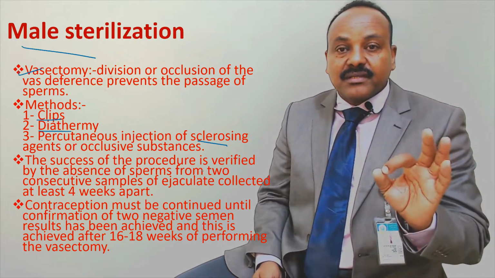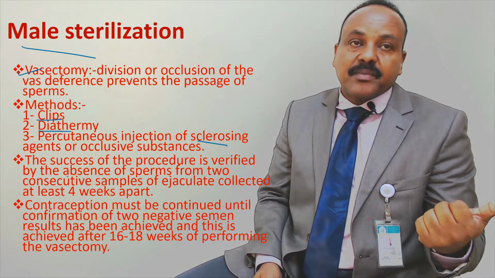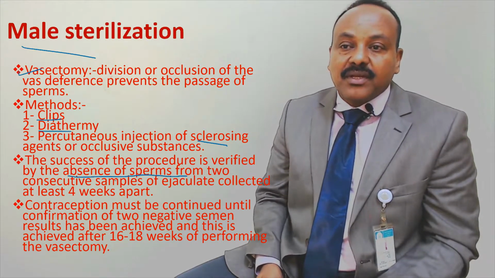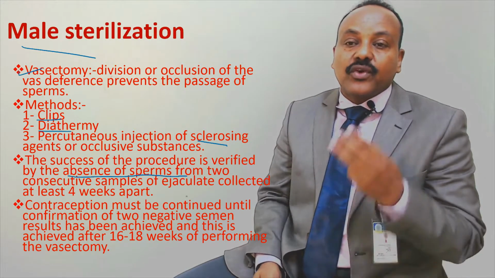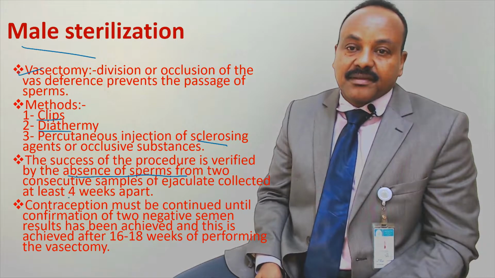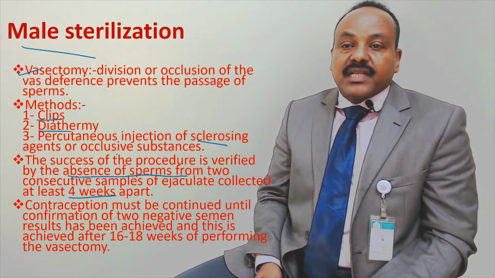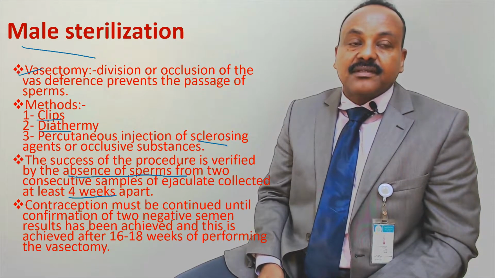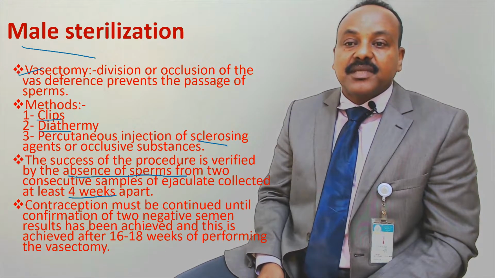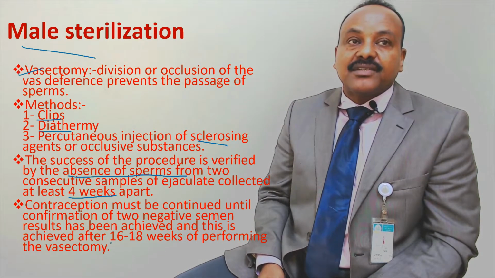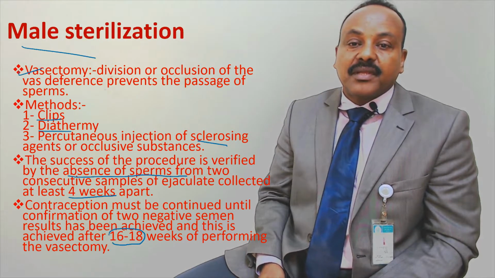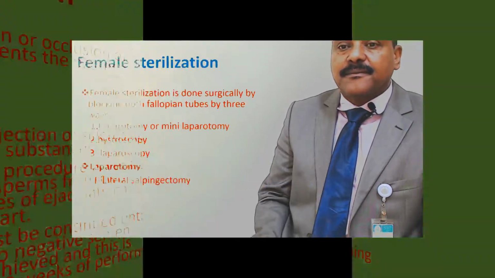After you have done the procedure, you will do a sperm analysis. We need 2 consecutive samples, collected at least 4 weeks apart, with azoospermia. Contraception must be continued until confirmation of 2 negative semen results has been achieved, and this is done after 16 to 18 weeks of performing the vasectomy.